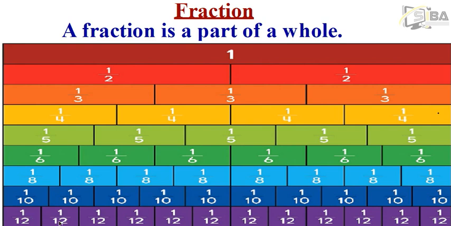We have 1, 2, 3, 4, 5, 6, 7, 8, 9, 10, 11 and 12. It means that a whole was divided into 12. So a fraction is a part of a whole.